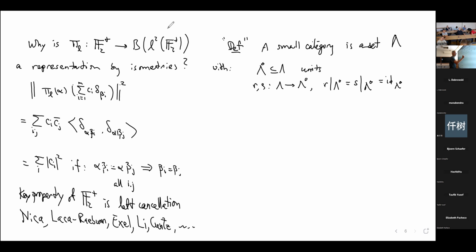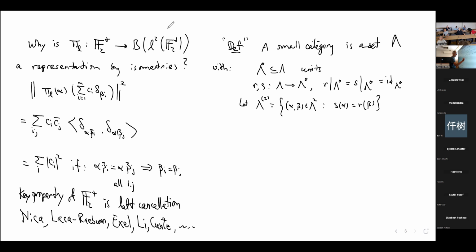And then we let lambda upper 2 be the composable pairs, the so-called composable pairs. That's all pairs alpha, beta in the Cartesian product of lambda with itself, such that the source of alpha equals the range of beta.